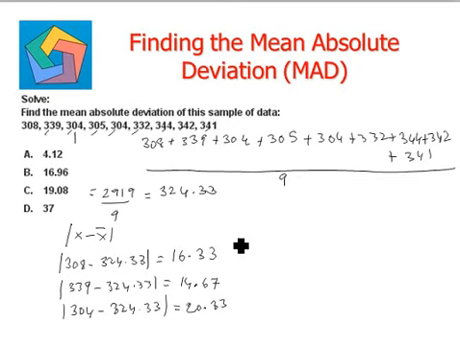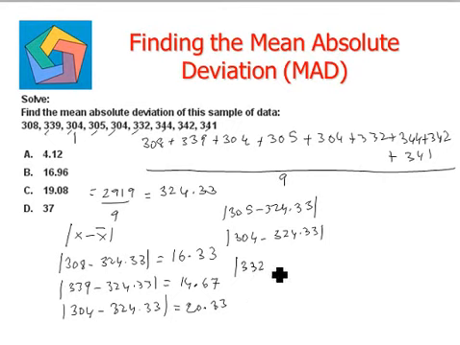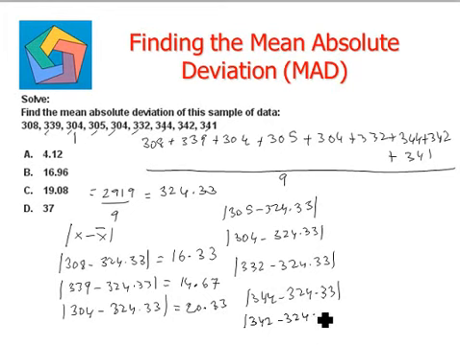So now we have 305 minus the mean, 304 again minus the mean, then 332 minus the mean, then 344 minus the mean, then 342 minus the mean, and the last one, 341 minus the mean.